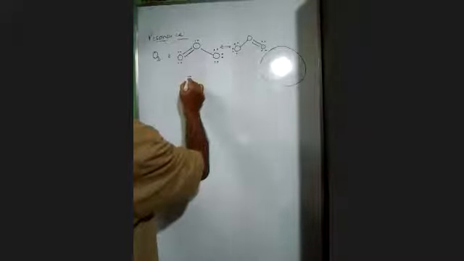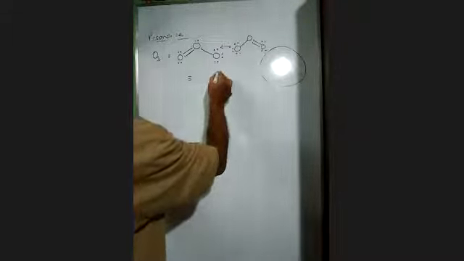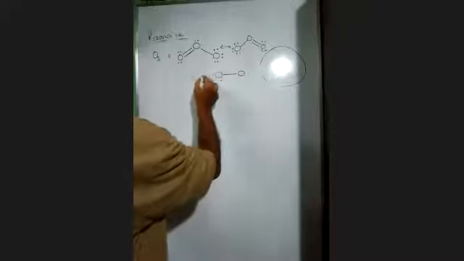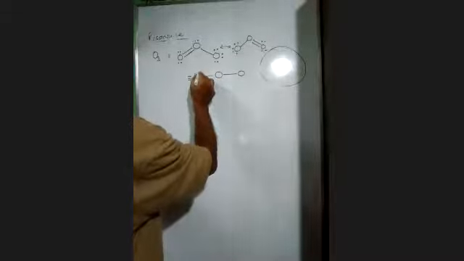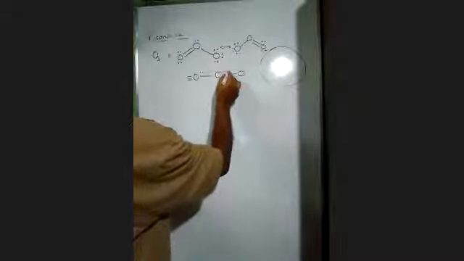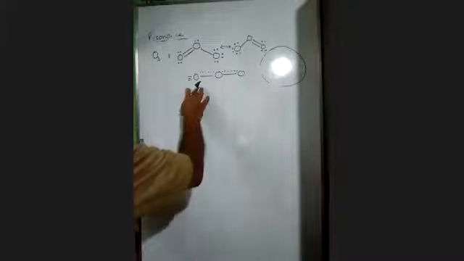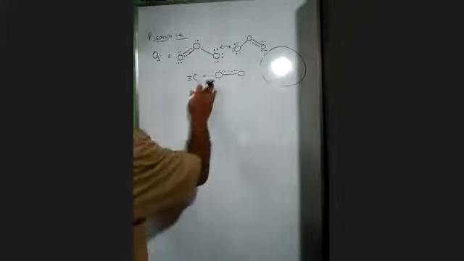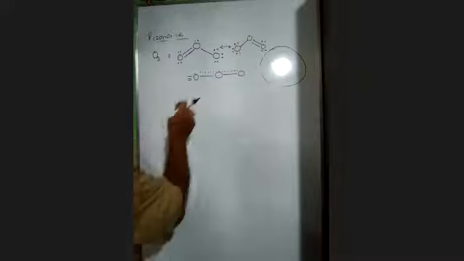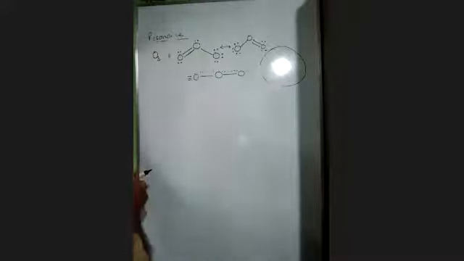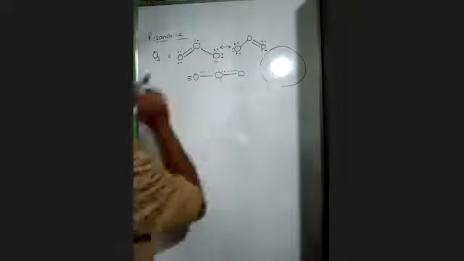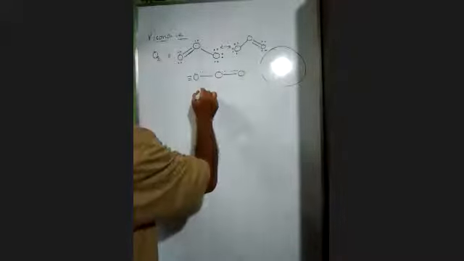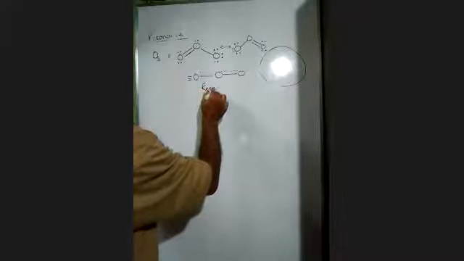So in that case, what can we write? The actual structure is the hybrid, which is migrating between this oxygen and this oxygen. So we find that it is neither a single bond nor a double bond. It lies in between. So that is the resonance hybrid of ozone.